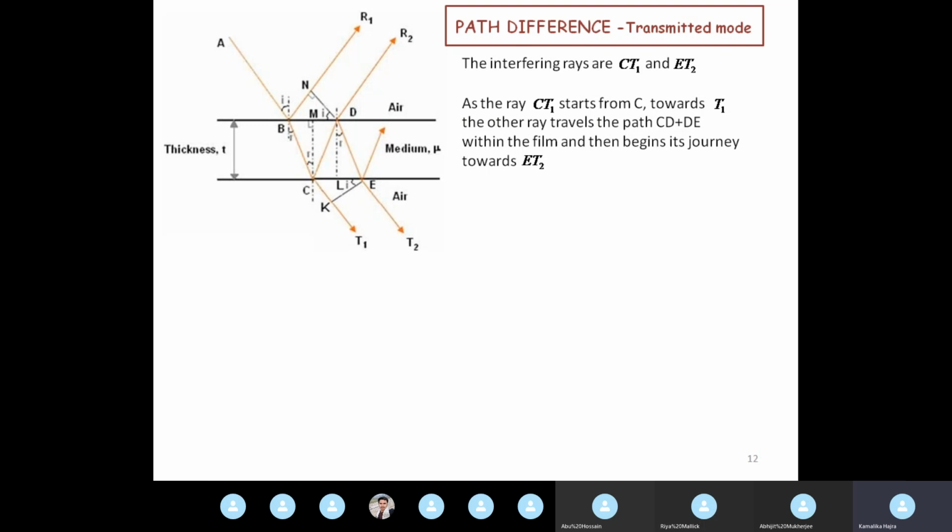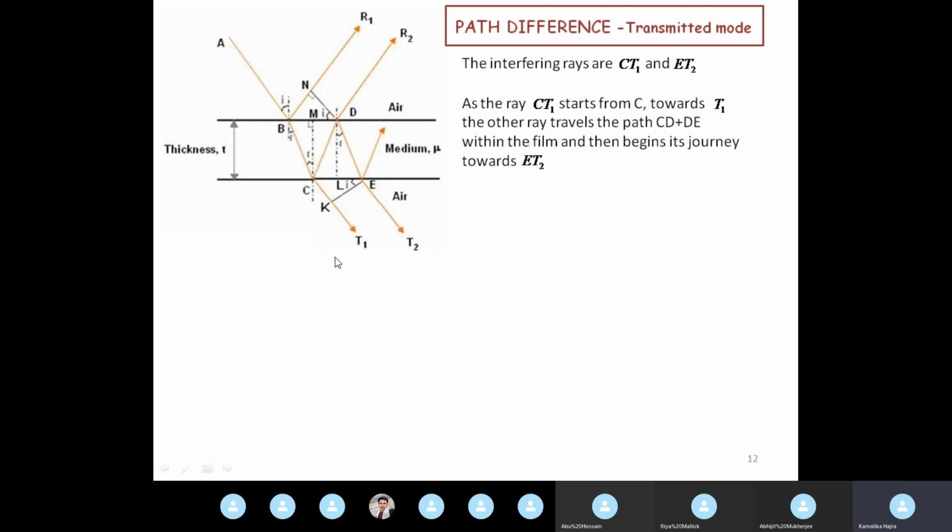Now in this case, as the ray CT1 starts its journey from C towards T1, the other ray travels the path CD plus DE within the film and then begins its journey towards ET2, the second transmitted ray. All right.